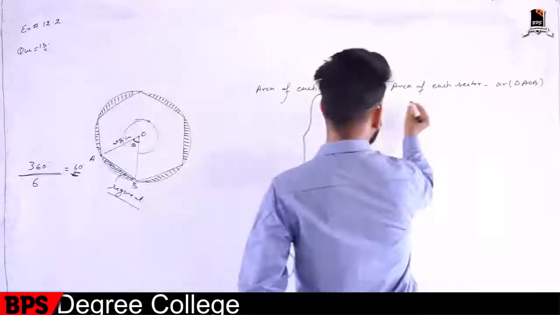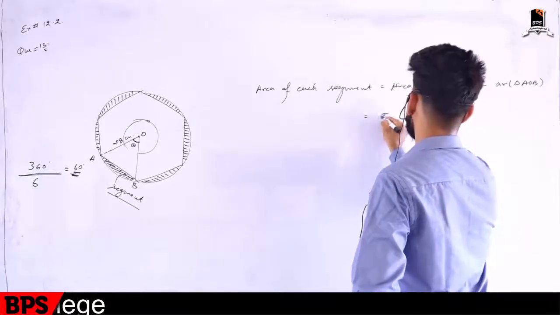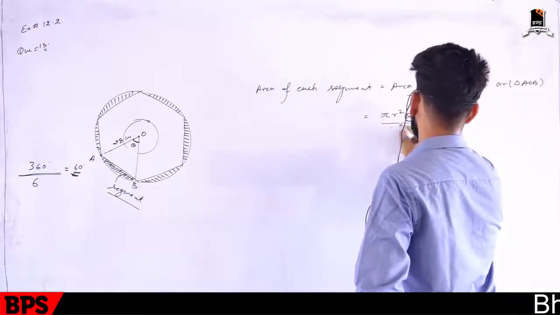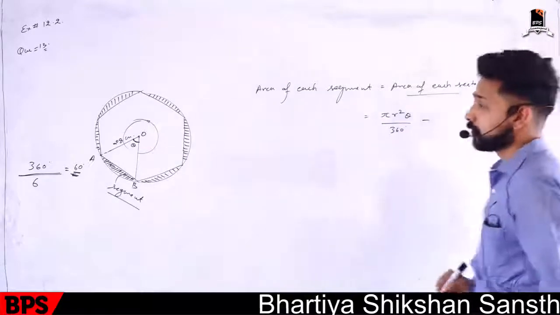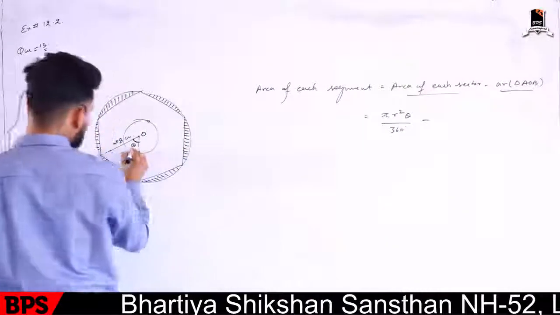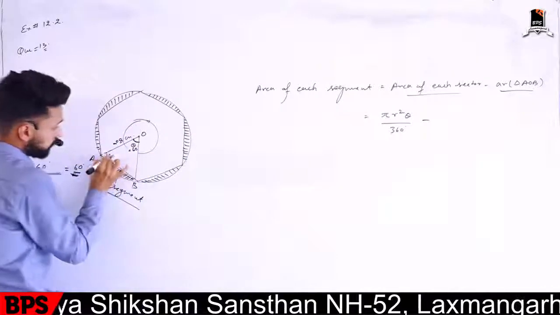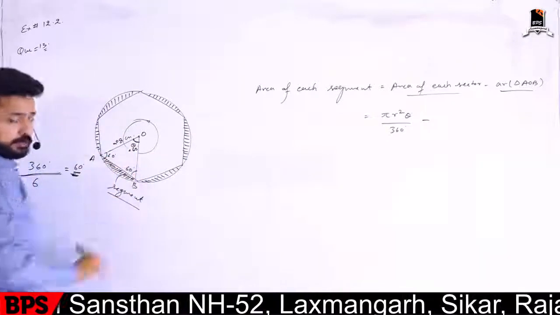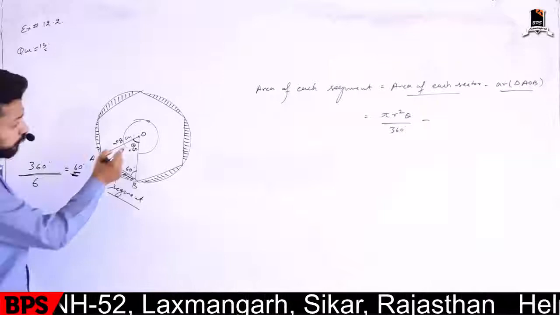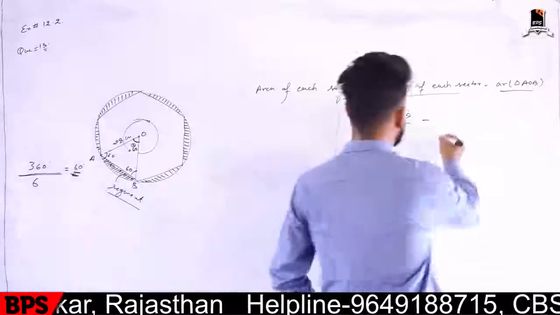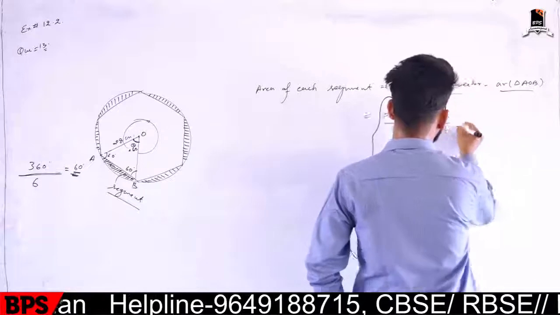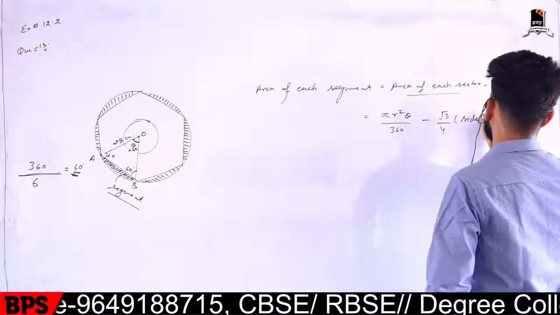So the area of each sector is pi r square theta upon 360 degrees, minus the area of triangle ABC. Because theta is 60 degrees, the other angles are also 60 degrees. That is an equilateral triangle, so the area of the triangle is root 3 by 4 side square.